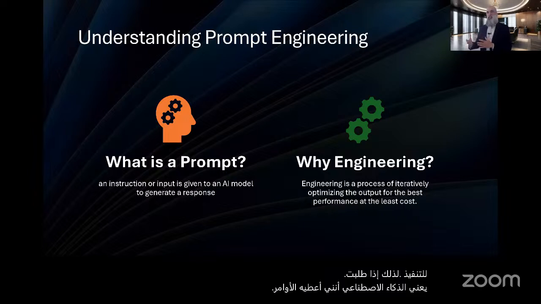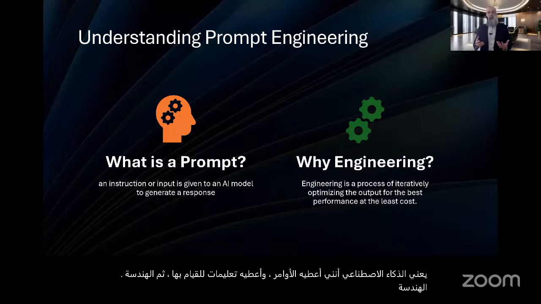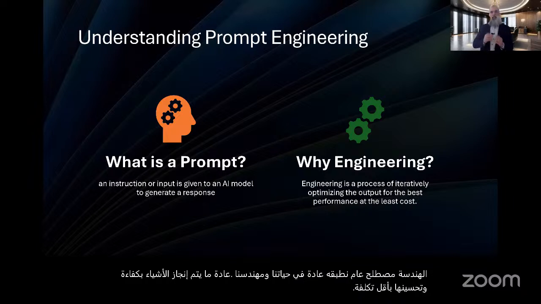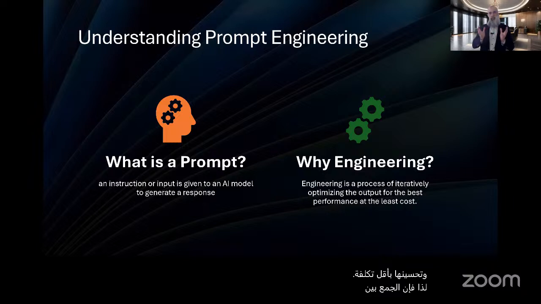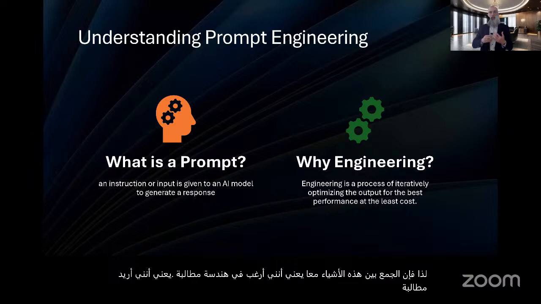And engineering is a generic term that we usually apply in our life. An engineer usually has things done efficiently and optimized with the least cost. So combining these together means I would like to engineer a prompt so that it effectively does what I intended and requested, with the least cost.